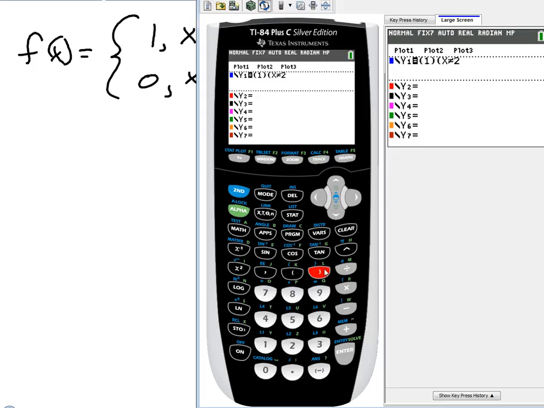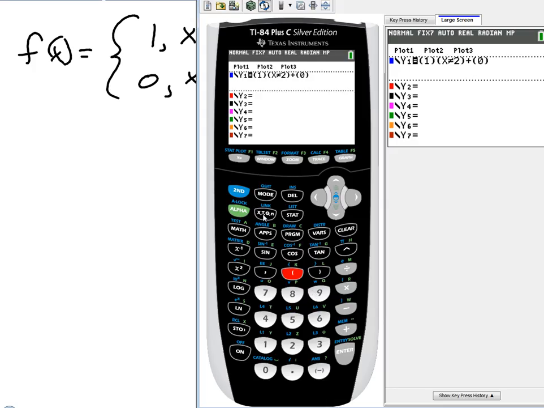Okay, now you have an option here. We could go down to the next function and write the other part of the piecewise function, but what I prefer to do is just add the second piece of the piecewise function to it right there. So then in parentheses we would put 0. That's the value of the function. You see the pattern? And then next to that in parentheses the domain of that piece of the function.